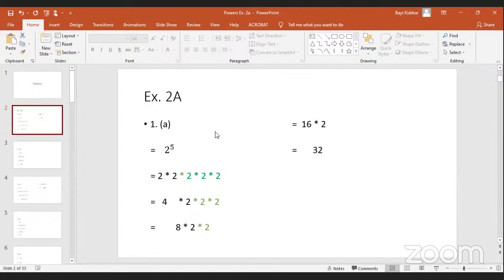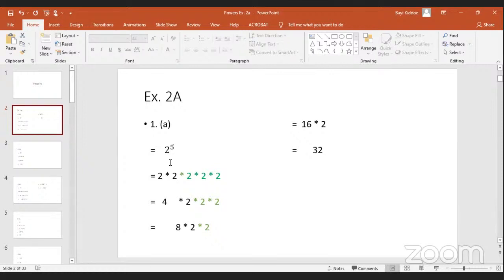All right, so exercise 2A says 2 to the 5th power, right? That's 2 to the 5th power, 5th as in F-I-F-T-H.